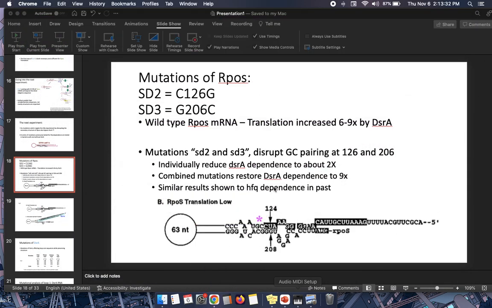So, up here I've gone ahead and made that clear for you guys so you didn't have to track that down. So what we're doing here, we're looking at how the rpoS mRNA is affected by DsrA.